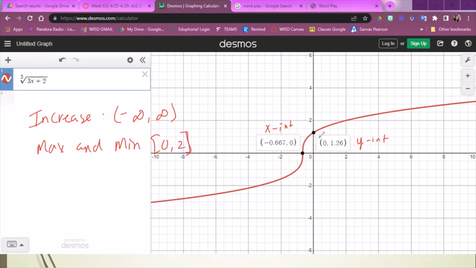So from 0 to 2, at 0 we're here, and at 2 we're here. So our max value is 2, y equals 2, and our min value is 1.26, y equals 1.26. And that concludes our lesson.